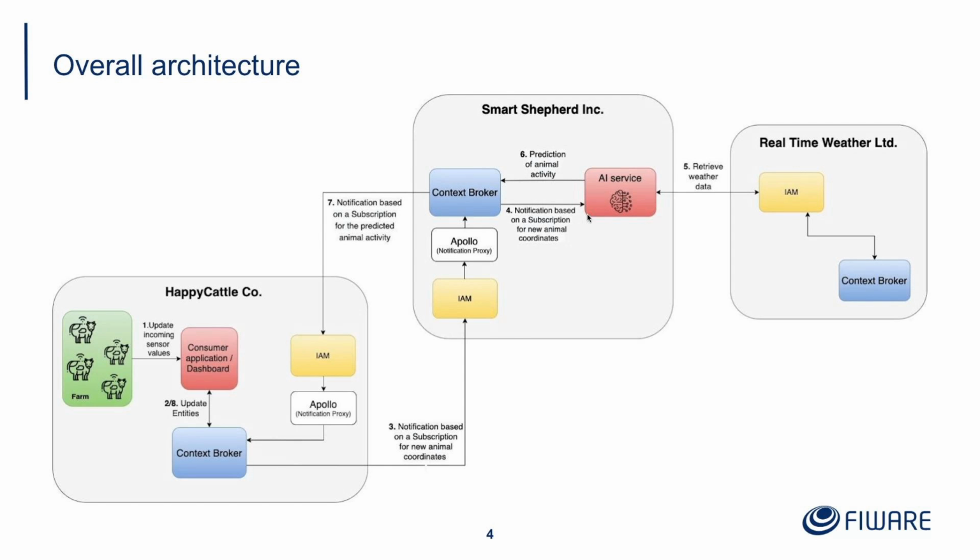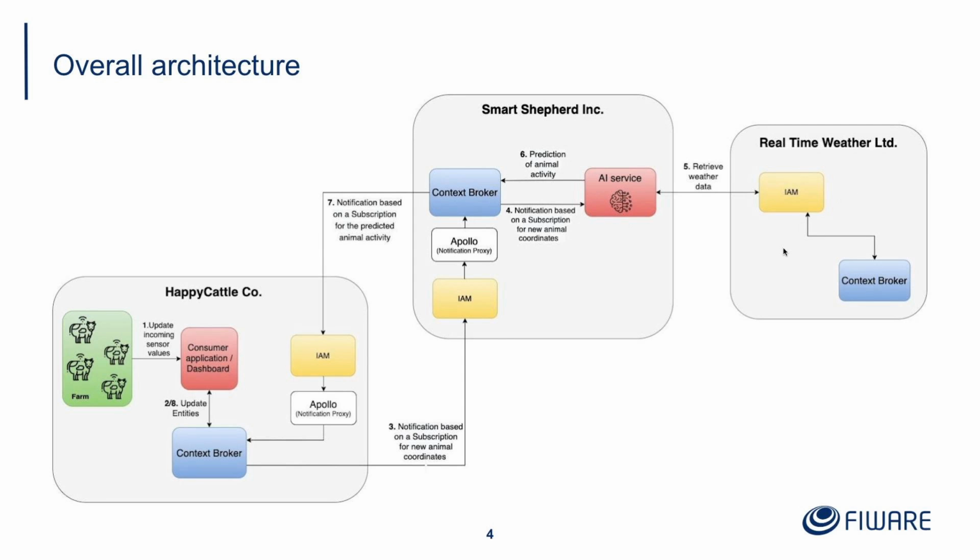The second subscription will be that the AI service subscribes to its own context broker to receive a notification whenever there is a new animal coordinate. This is due to the first subscription. And once it receives these animal coordinates, what we need to trigger the inference is the weather data.